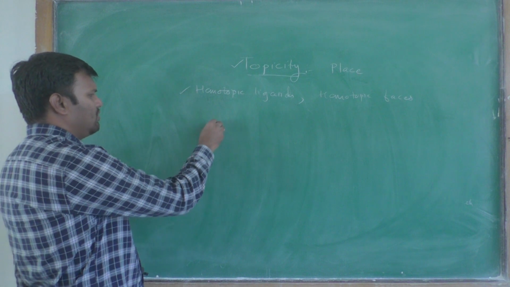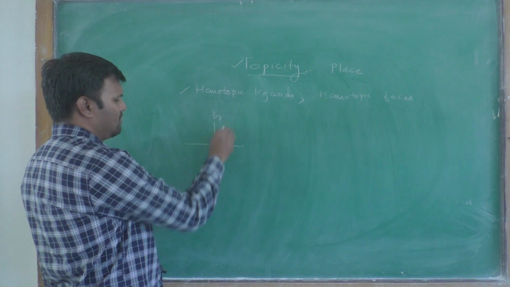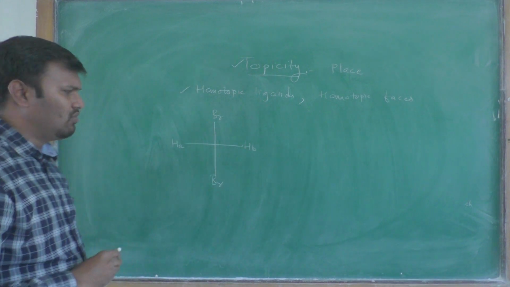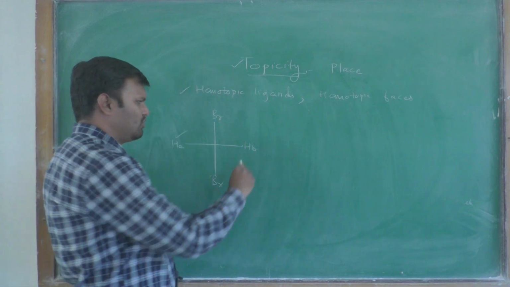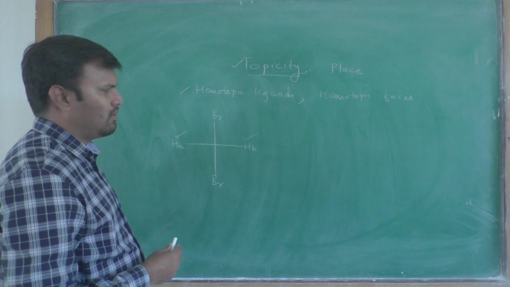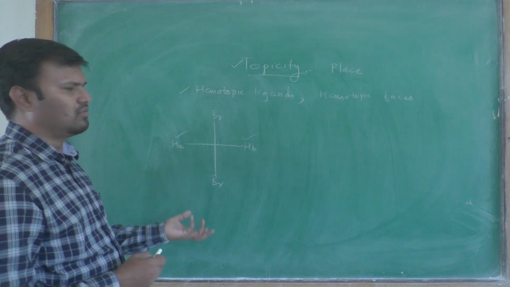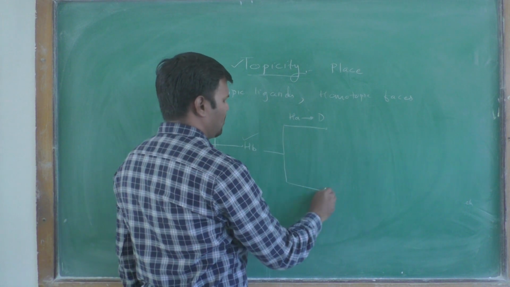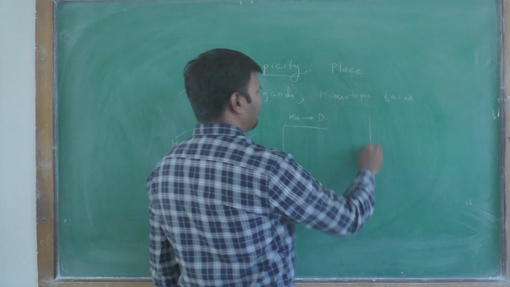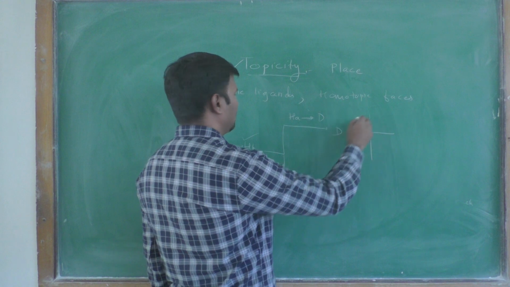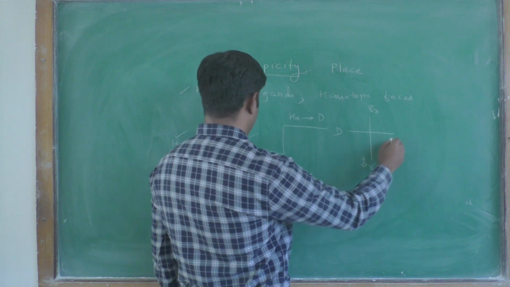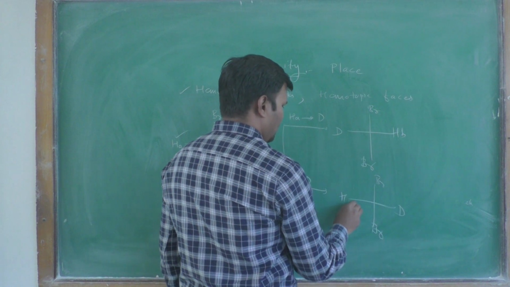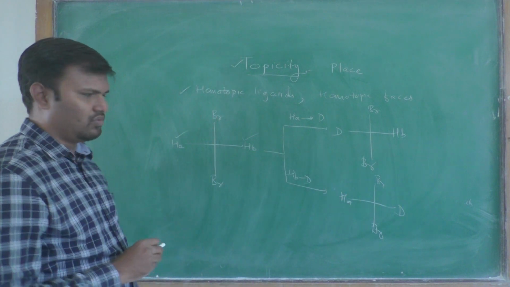Suppose we have an example: when you replace HA or HB with other groups, for example one of the isotopes, deuterium, when you replace HA with deuterium or HB with deuterium, you will obtain two compounds that are the same compound.